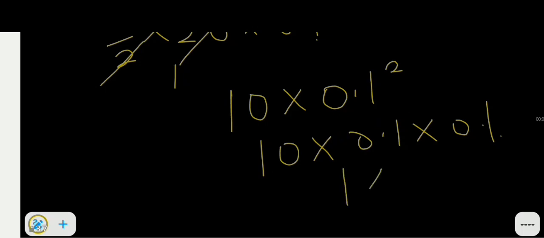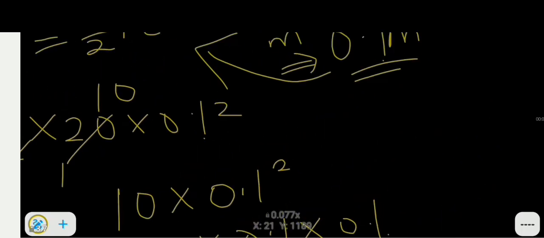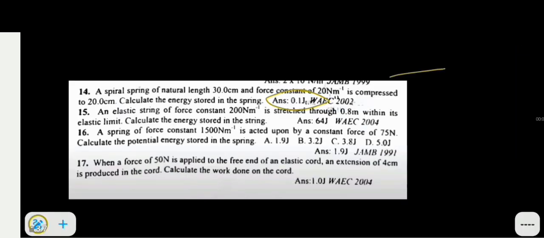Then 1 times 0.1 will give you the final answer as 0.1. So the answer is 0.1 joules. Because this is about energy. So check the option. 0.1 joules. That's the correct answer. 0.1 joules. So let's take number 15.